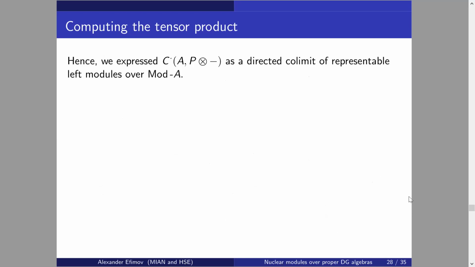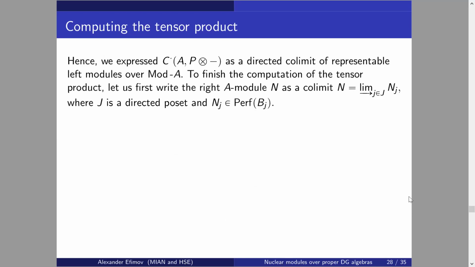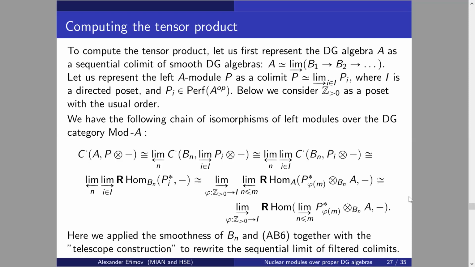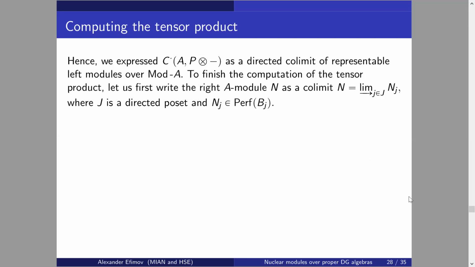Then, using this partial computation, you can express the tensor product quite explicitly, as explicit as it is possible to do for such computations.